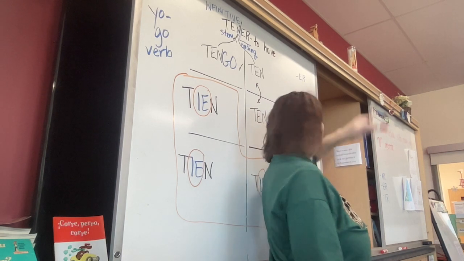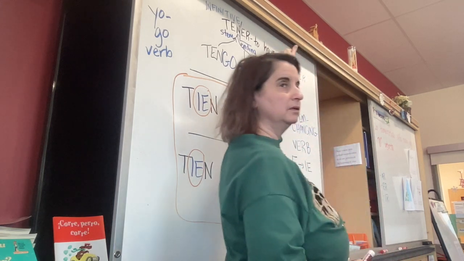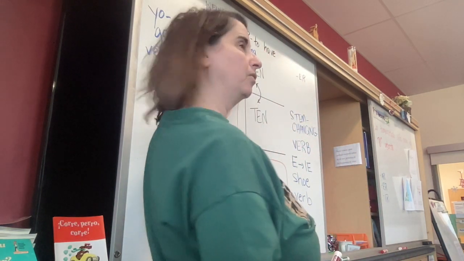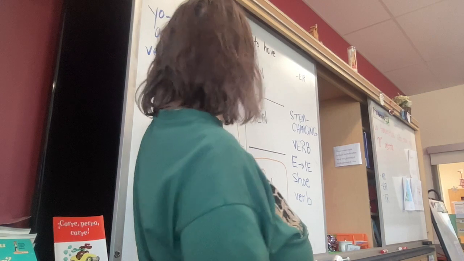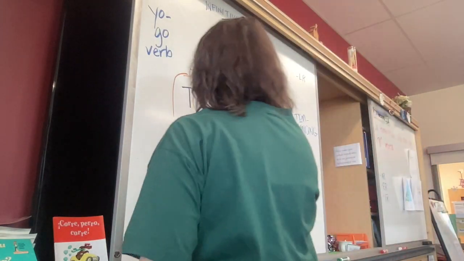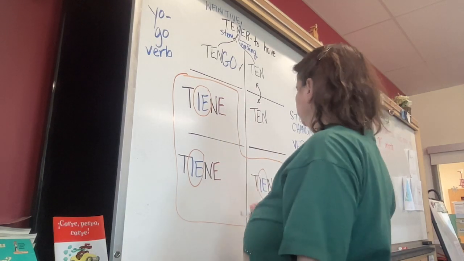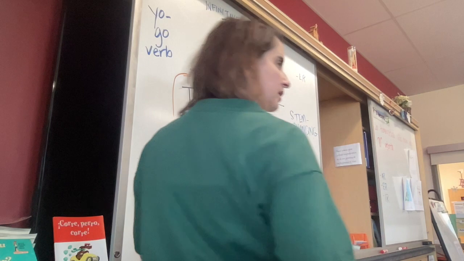No. Because we took that off. We took off the ER, and now we're going to put on the appropriate endings. We've got the yo form, tengo. Now we're going to put E's after all the other stems. So now this one is done. Tiene, that looks familiar.